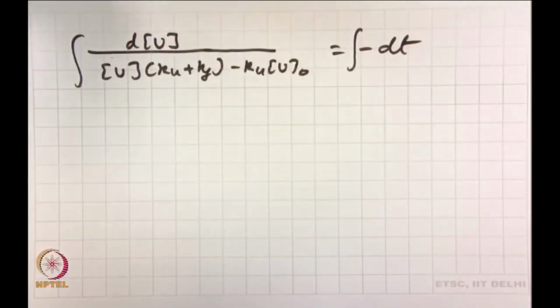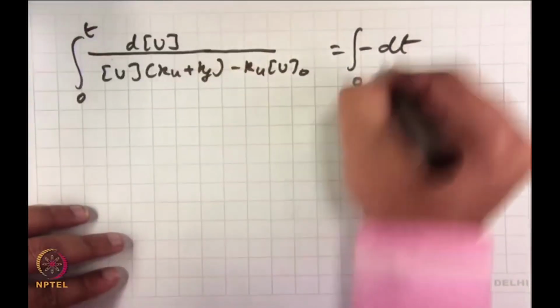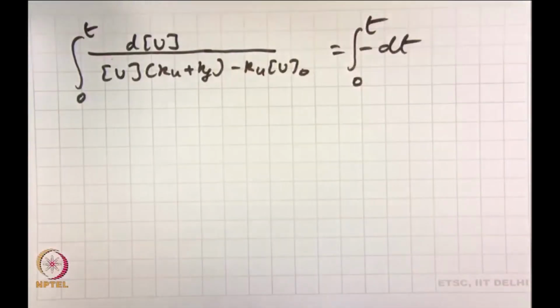What will I integrate between? I will integrate between t is equal to 0 to t is equal to t. Now, that is the integration I am going to follow, as simple.